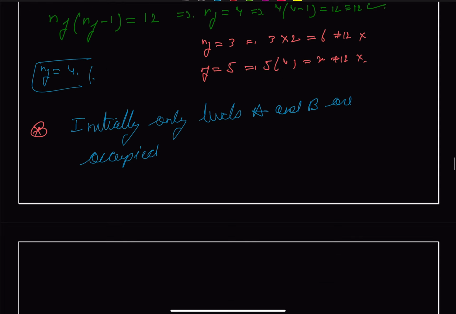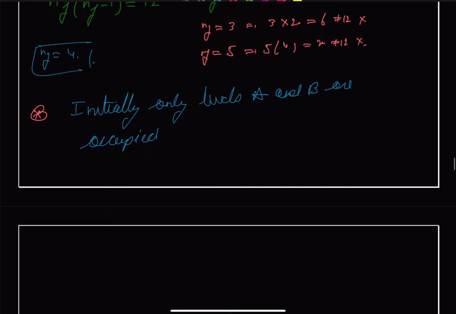Therefore, the initial level, let us suppose that is Ni, can be either 1, 2 or 3, because our NF is equal to 4.